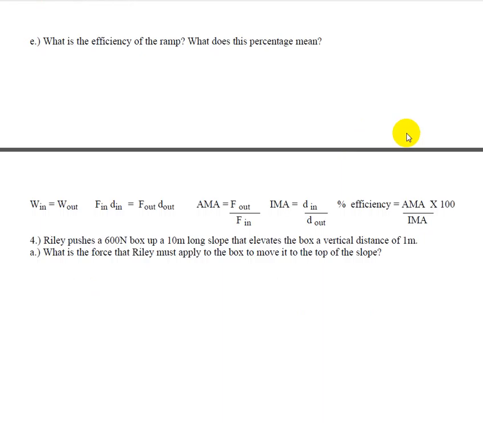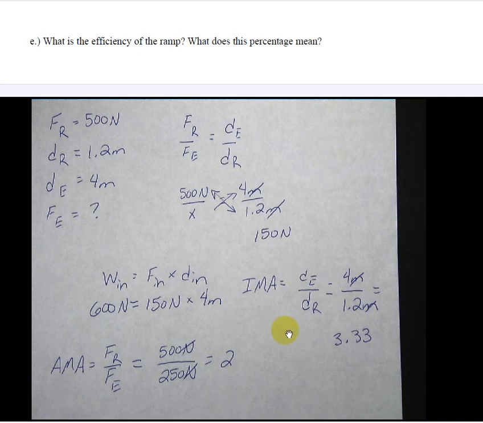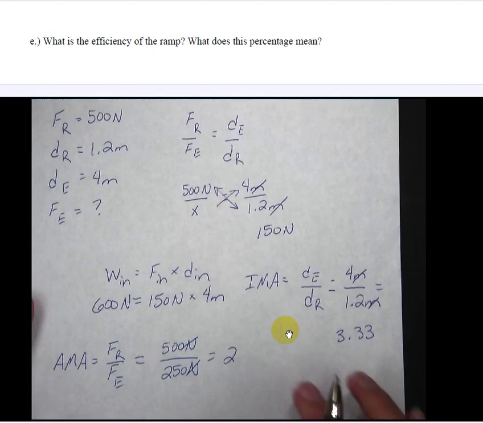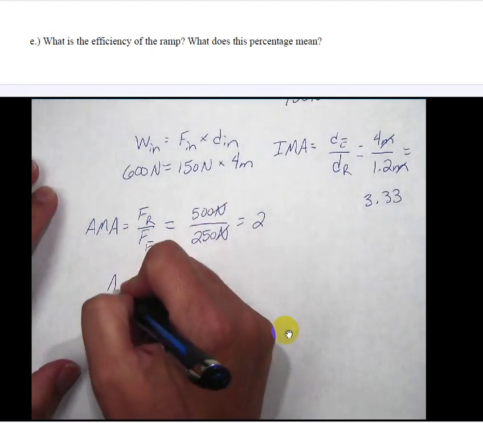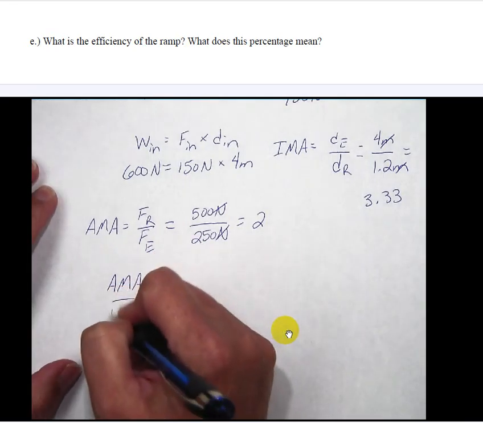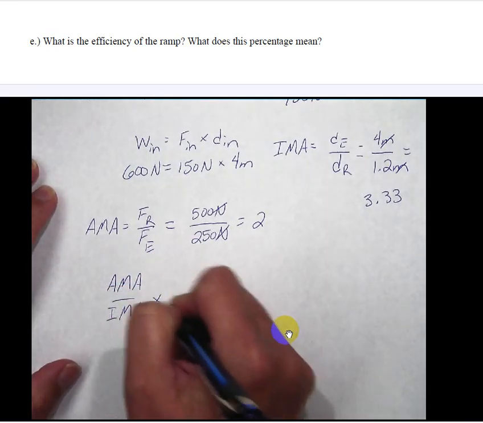So what is the efficiency of the ramp? And what does that mean? My efficiency equals AMA over IMA times 100.